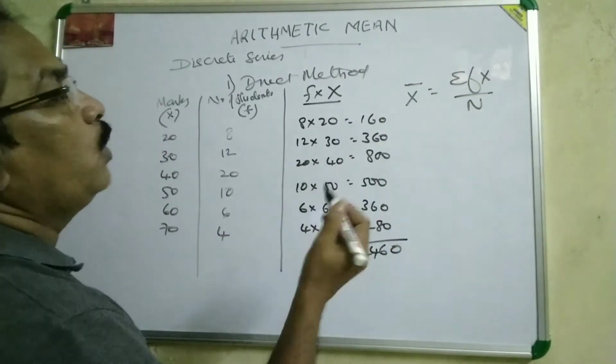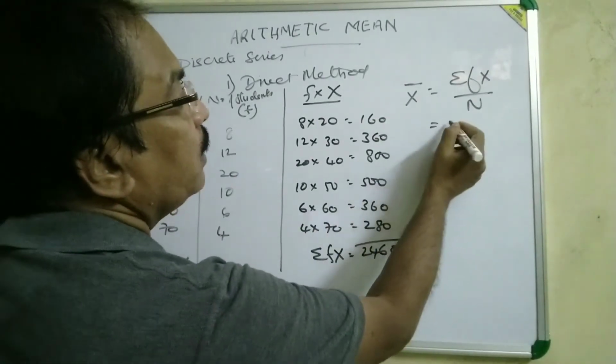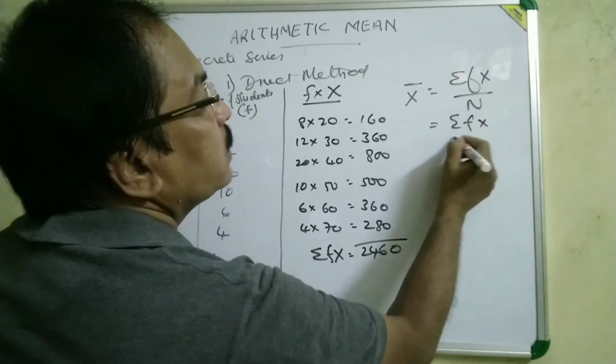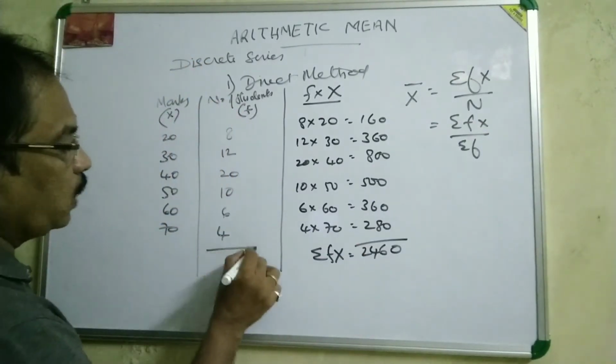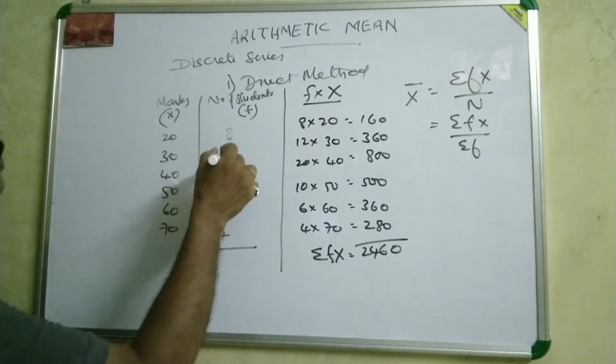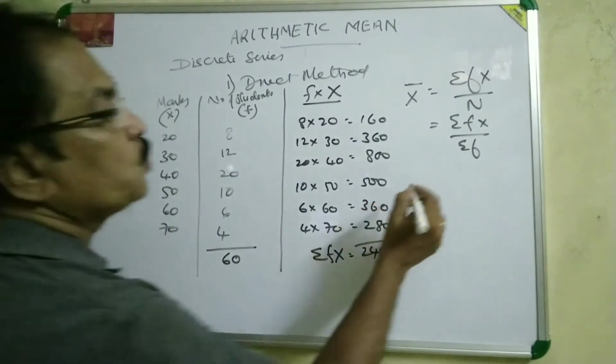Then n, what is n here? N is not number of observations. Instead of n we have to write sigma f. So sigma f means we have to total the frequencies, 8, 12, 20, 10, 6, 4.